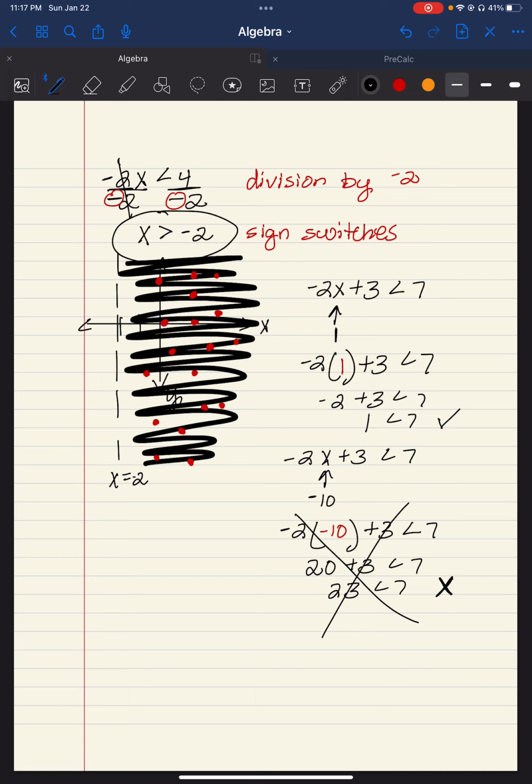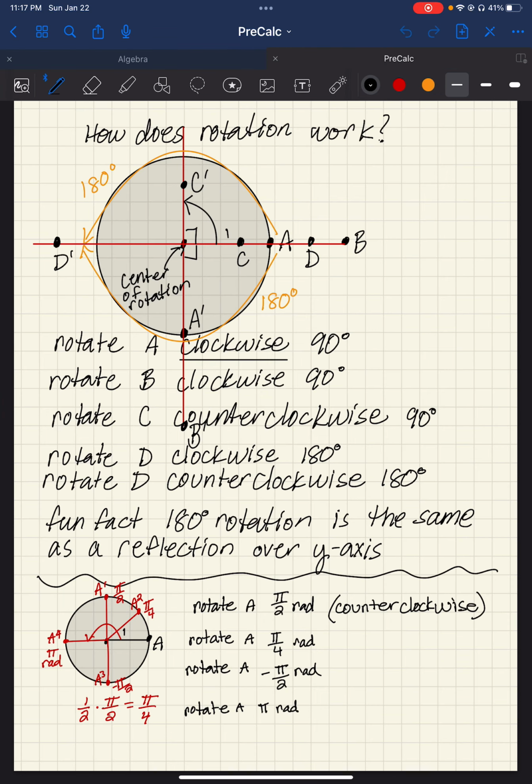And we were able to come to that conclusion because when we divided by a negative, we also swapped the sign. So last thing, if you're going to graph this on a number line, just with x, we've got a 0 here, and then we're counting, giving ourselves some reference.